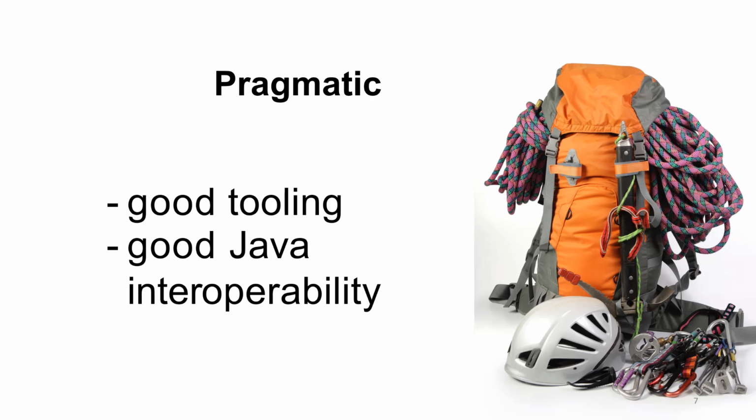So Kotlin comes with good tooling. It has good features and tools. It works well with Java. It is interoperable with Java. What does that mean? I'm going to discuss it, but for now, just remember that it has a lot of tools that help you in developing mobile applications, and it has good Java interoperability.